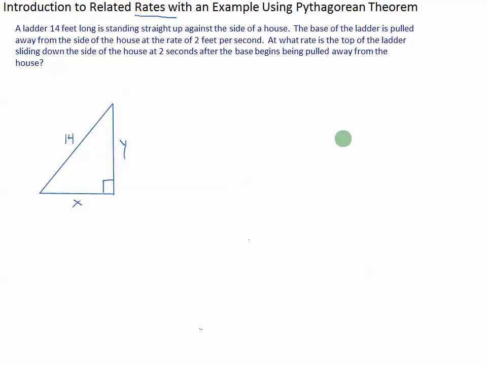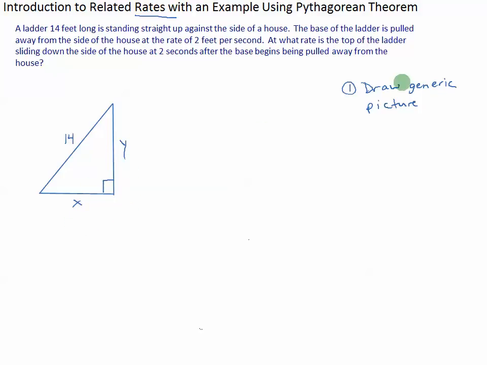So the first thing we want to do is draw a generic picture. What I mean by generic is we don't know necessarily what x and y are. They're changing, so we're representing those parts with variables.